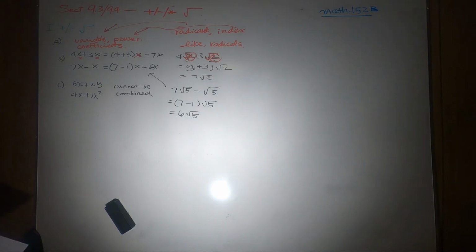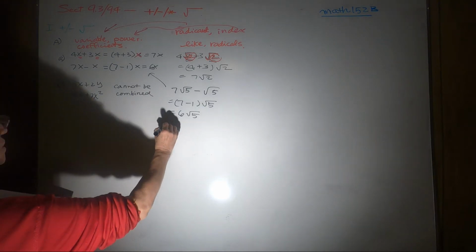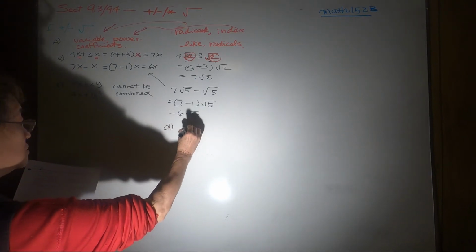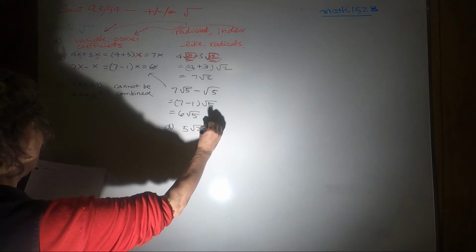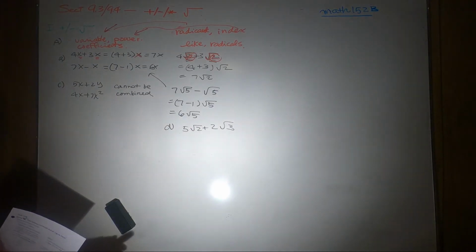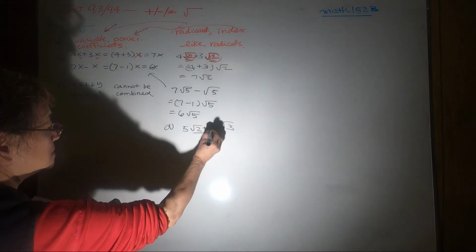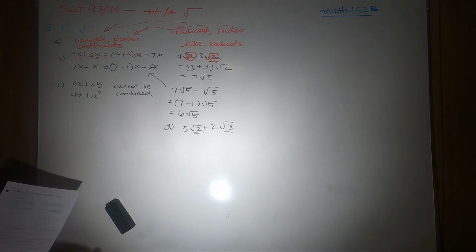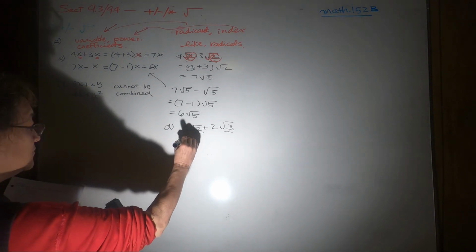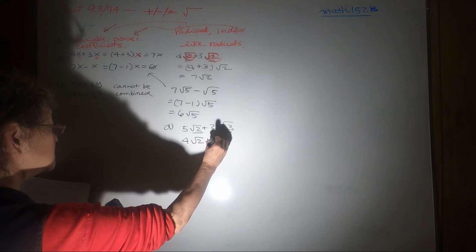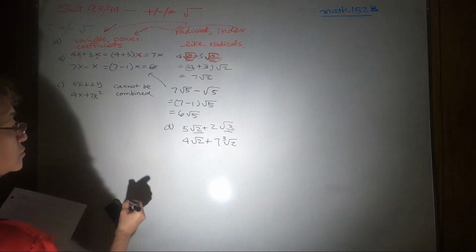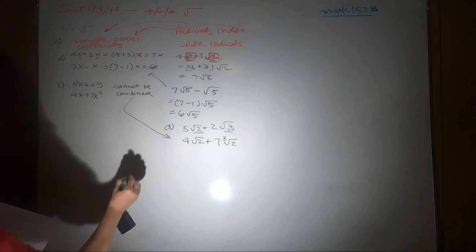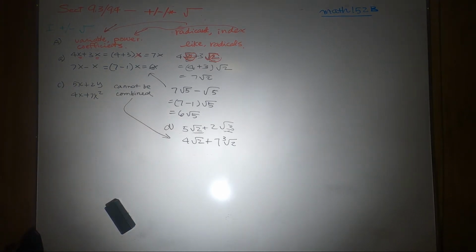And if we have a situation like 5 square root of 2 plus 2 square root of 3, those are not like radicals. Same thing as 4 square root of 2 and 7 cube root of 2. Those cannot be combined.